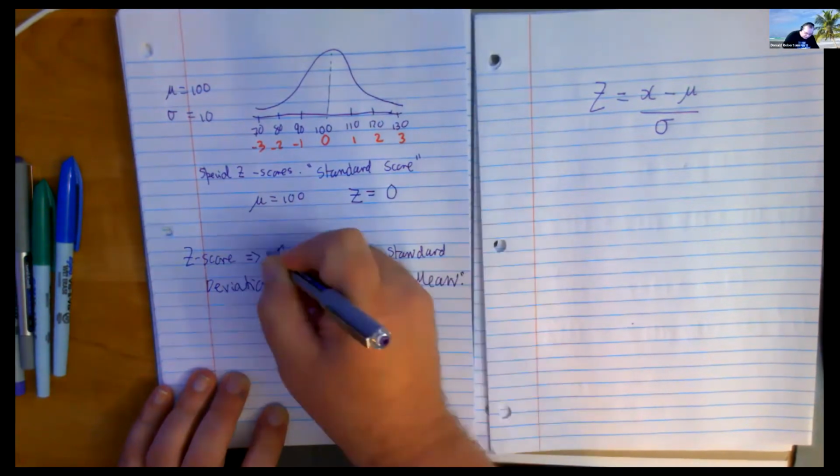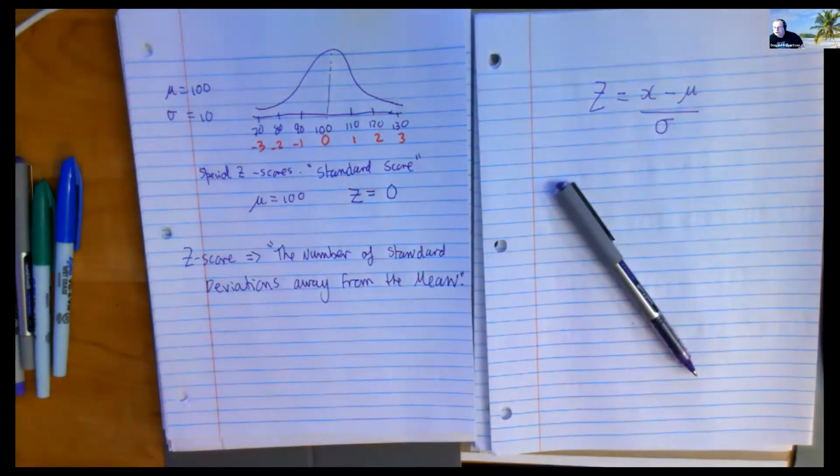So if you have a z-score of 2, doesn't that mean you're 2 standard deviations away from the mean? And -2 would be 2 standard deviations on the smaller side.